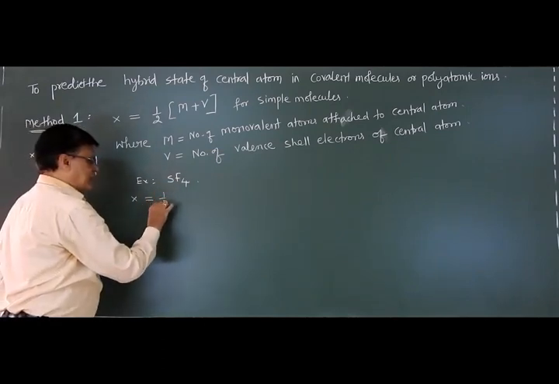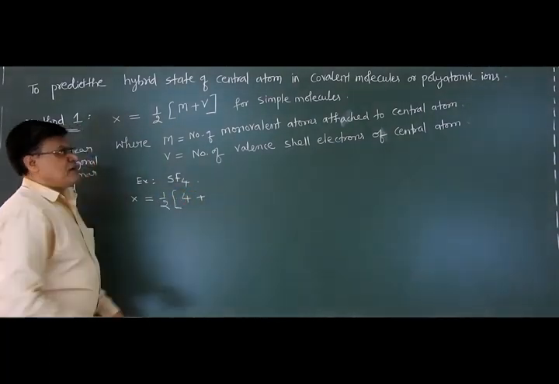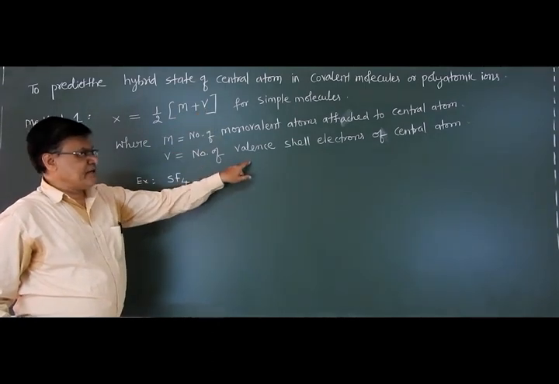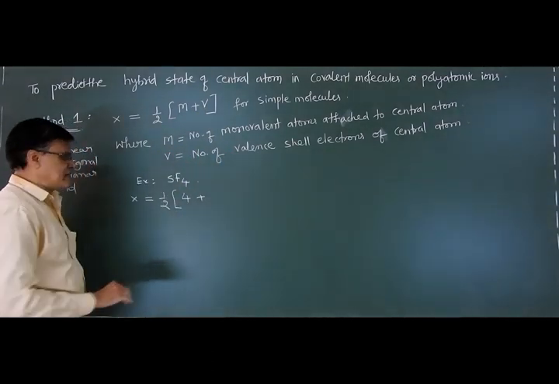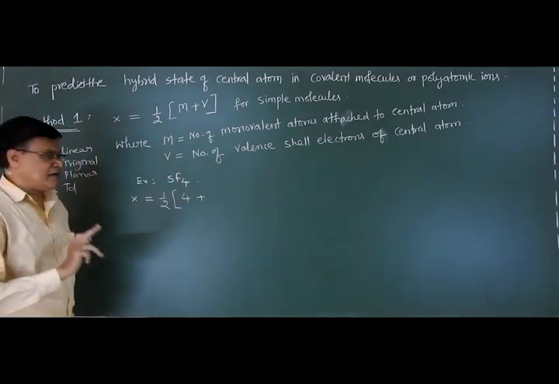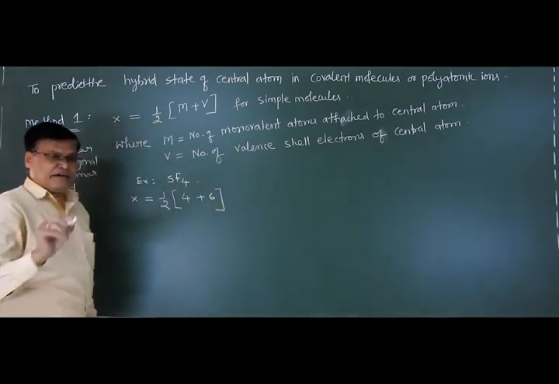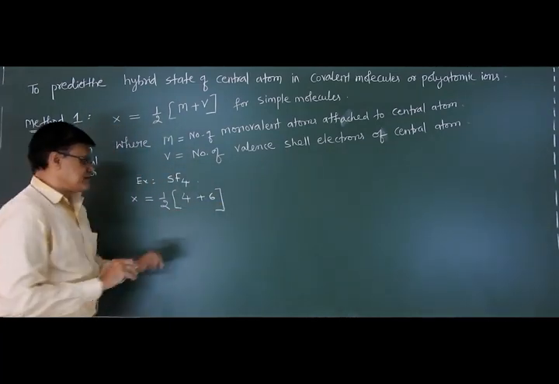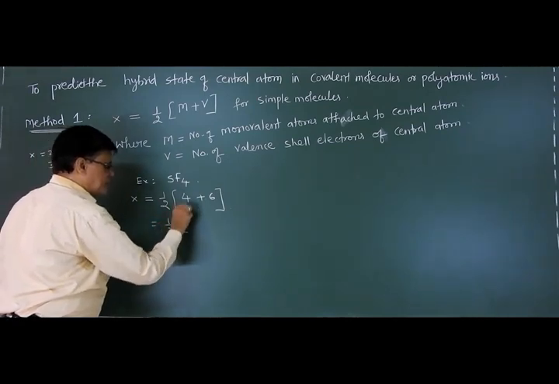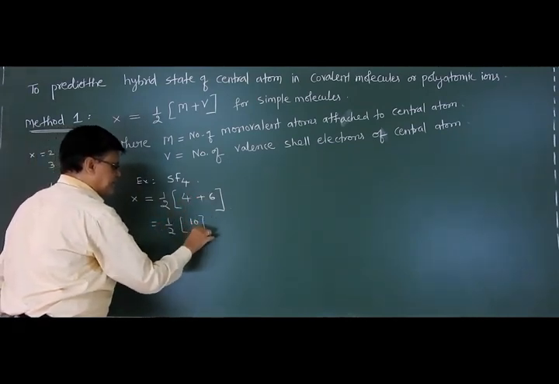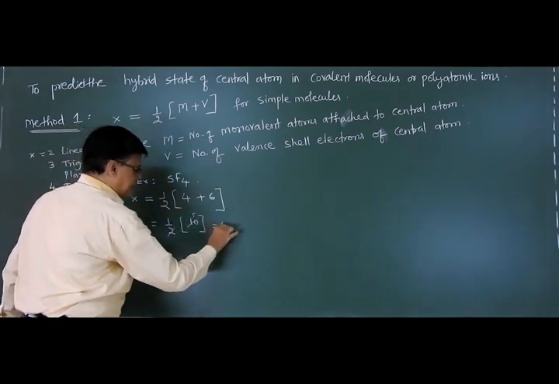X equal to half, monovalent atoms are 4 plus V. V is nothing but the valence shell electrons of the central atom. How many valence electrons does sulfur have? Sulfur has 6 valence electrons. That is equal to half of 4 plus 6, which is 10. 2 ones are 2, 2 fives are 10, so you are getting 5.